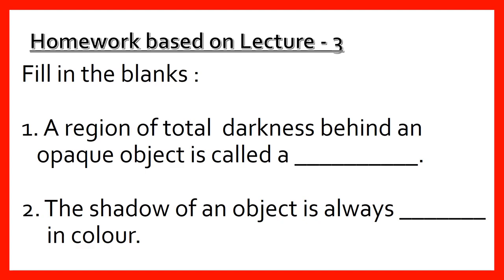Let us now look at the homework section of the questions which are based on lecture number 3. Fill in the blanks. Question number 1. A region of total darkness behind an opaque object is called dash. Question number 2. The shadow of an object is always dash in color.